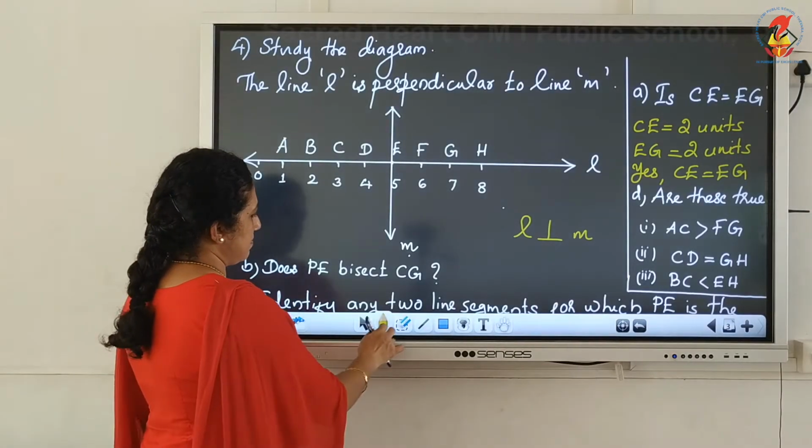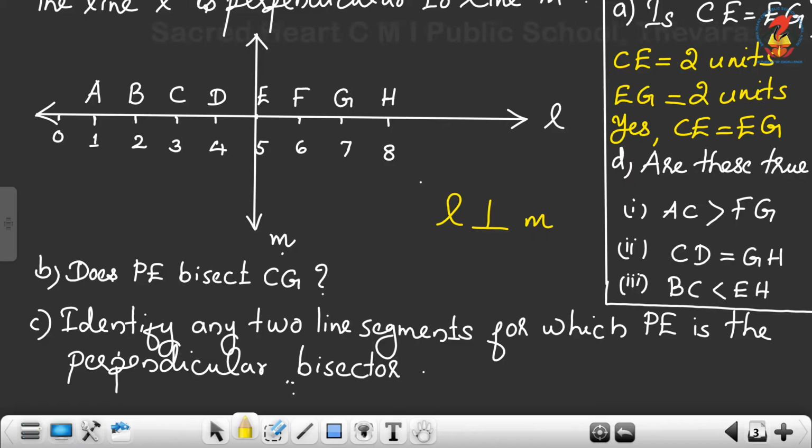Now, the second question. Does PE bisect CG? Here we can see this as PE. Does PE bisect CG?